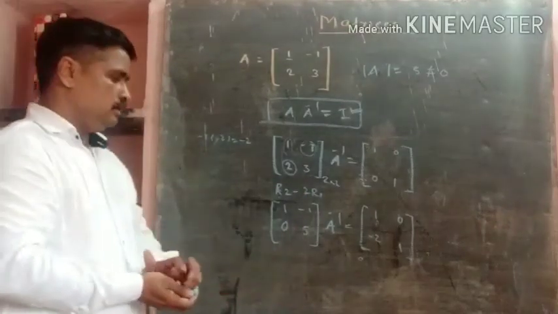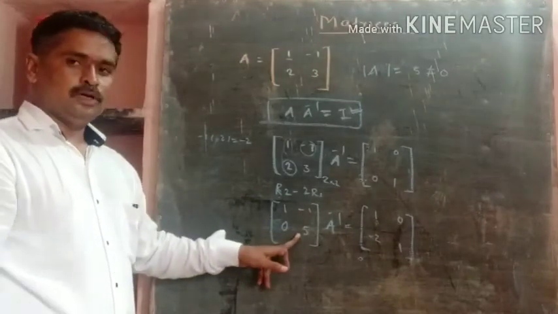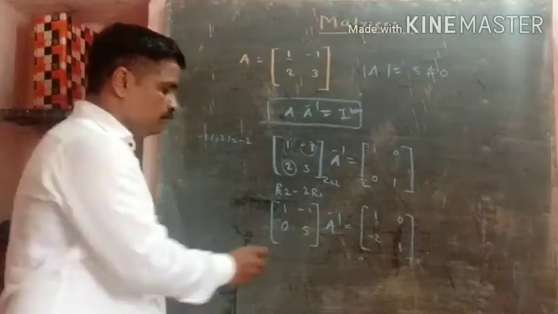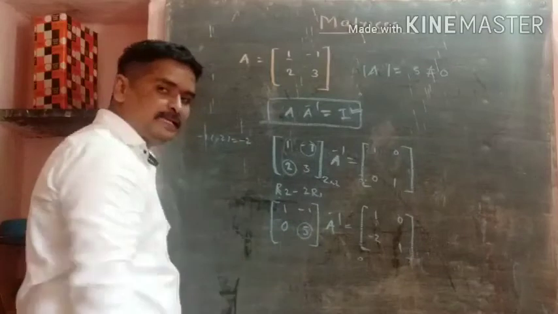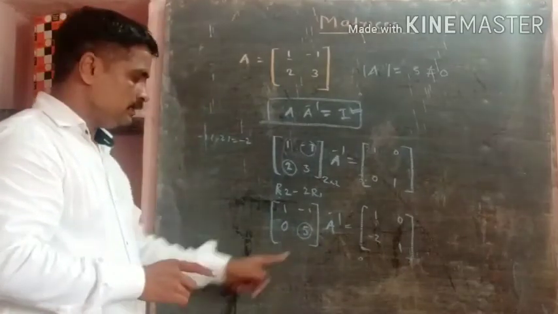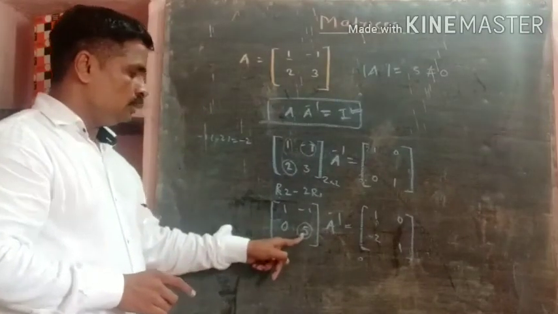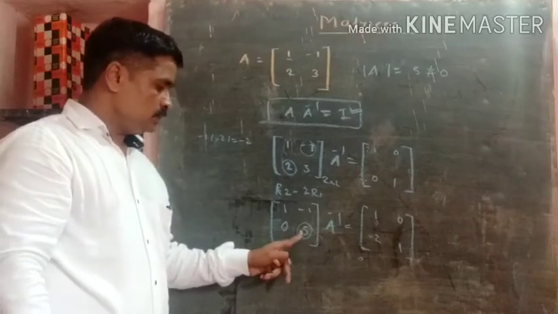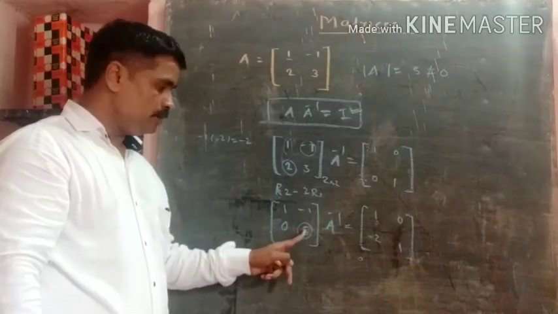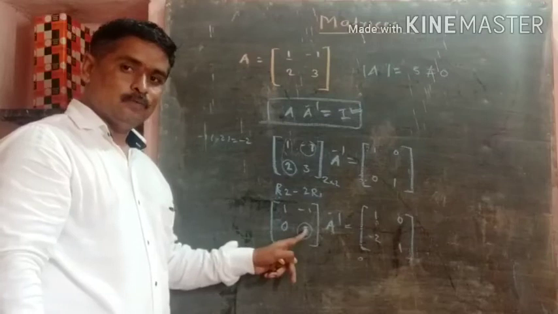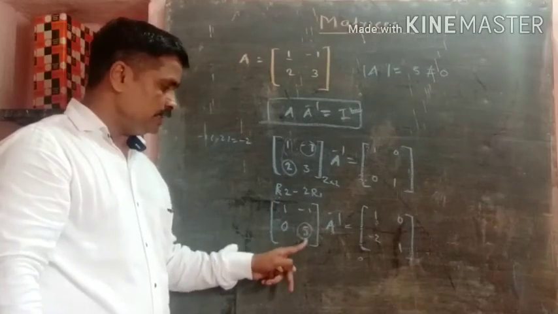Next, we have to replace 5 by 1. So what procedure do we adopt? If we multiply R2 by 1 by 5, then we get 1.